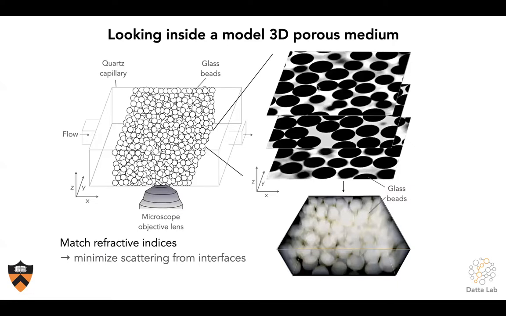So that's the bright regions. And these dark circles are cuts through the spherical beads making up the solid matrix, right? And by taking many of these slices, you can then put them together and reconstruct the 3D pore structure, right? So this is just one small view. We can do this for the entire porous medium.